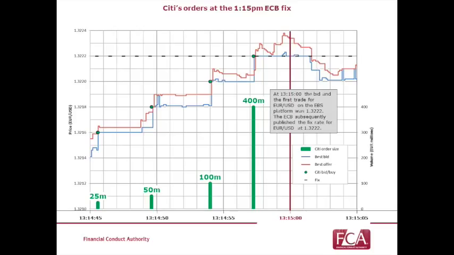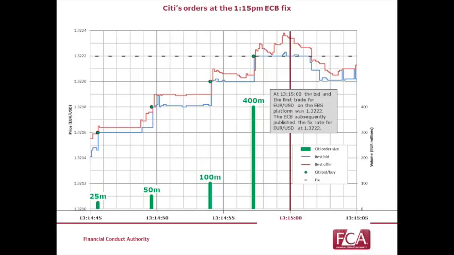As you can see from the graph, after each order, the trading price moves up. At 1:15, the bid or buying price and the first trade for euro-dollar on the EBS platform was 1.3222. The ECB subsequently published the fix rate for euro-dollar at 1.3222.